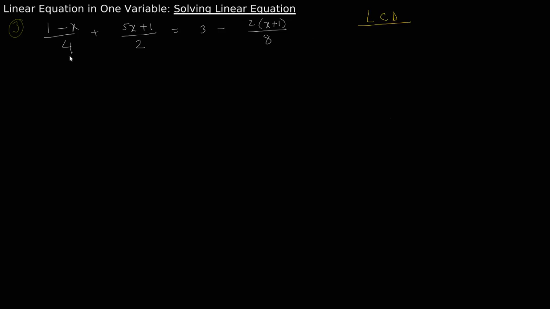I have a denominator 4 here, and a denominator 2, and for this 3 I have a denominator 1, and I have a denominator 8. So out of these denominators, my least common denominator is going to be equal to 8. So we found our least common denominator.